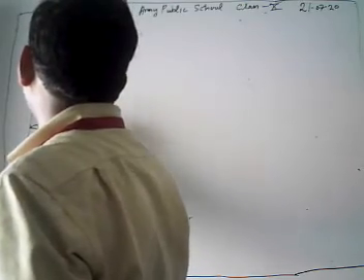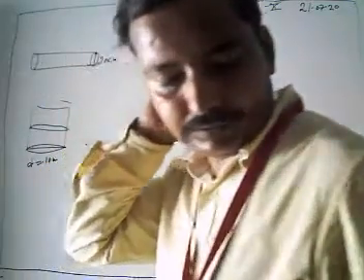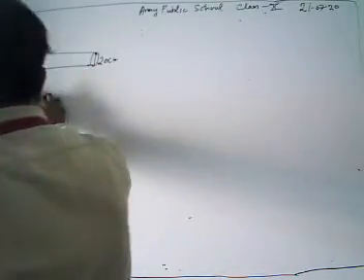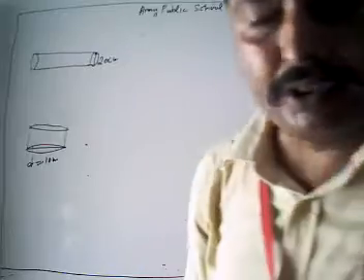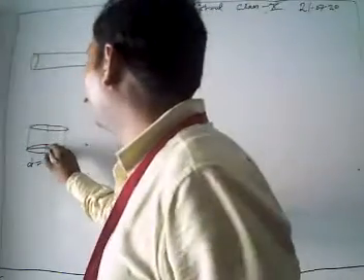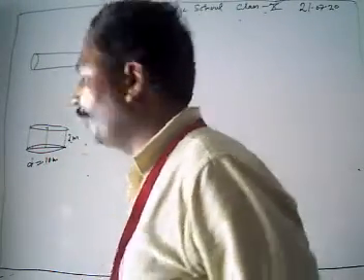Then we have to make a tank like this. Because the depth is given as 2 meter, this is our height, 2 meter.